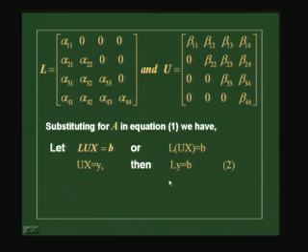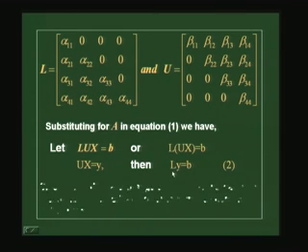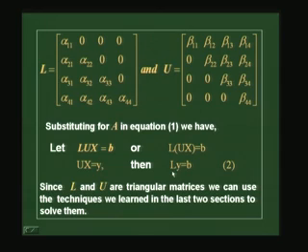We might wonder what the advantage of this is. L and U are triangular matrices, as I said. Since L is a lower triangular matrix, I can write the equation L y equal to B in the following form.